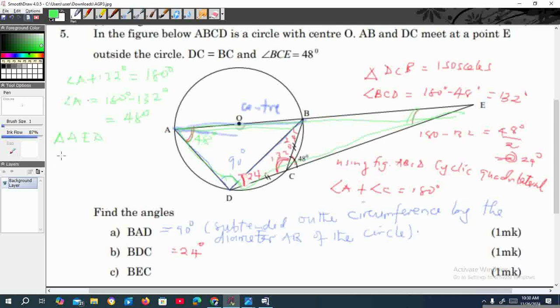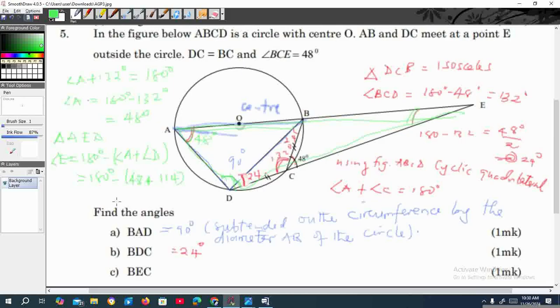So angle E will be 180 degrees minus angle A plus angle D. So this will be 180 degrees minus, angle A is 48, and we add angle D, this angle here, which will be 90 plus 24, which is 114.